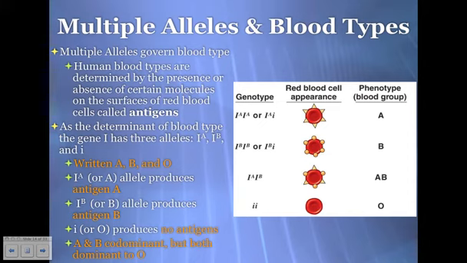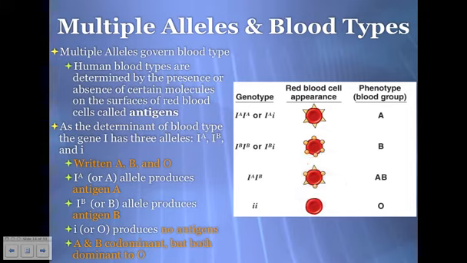The lowercase i, which represents the O allele, produces no antigens, which explains why there's nothing attached to the cell surface of the red blood cell in the type O individual, whereas the type AB individual produces both the triangle and spherical antigen markers on the surface of the red blood cell.